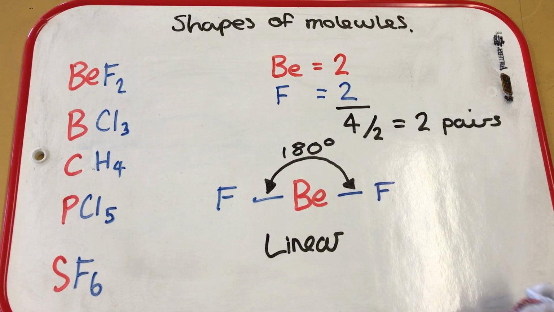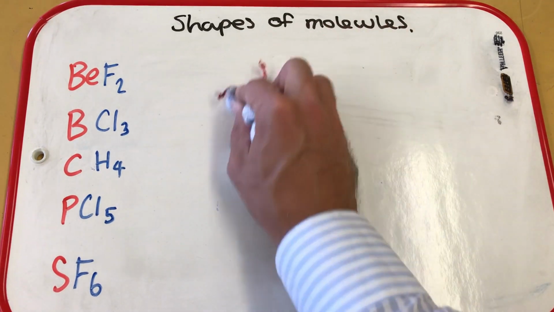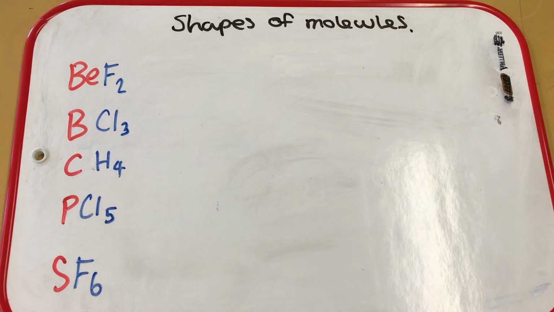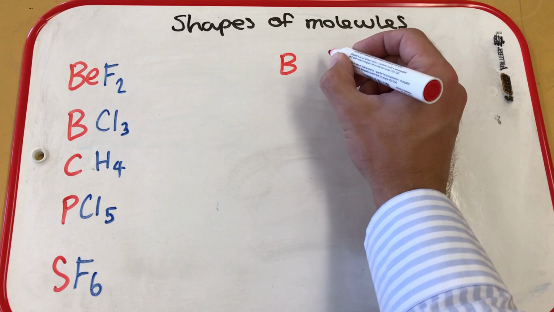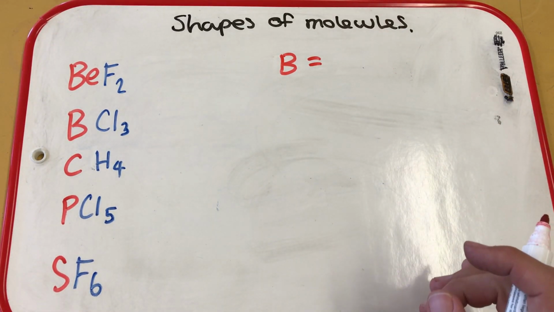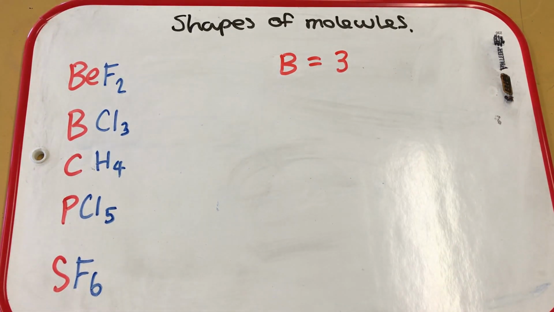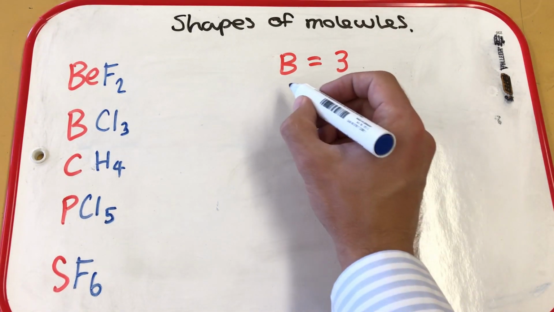Let's focus in and look at BCl3. Again, identify the central atom and the group of the periodic table it is in, so that you know how many electrons are available to bond. Boron is in group 3, so there are 3 electrons available to bond for this molecule.